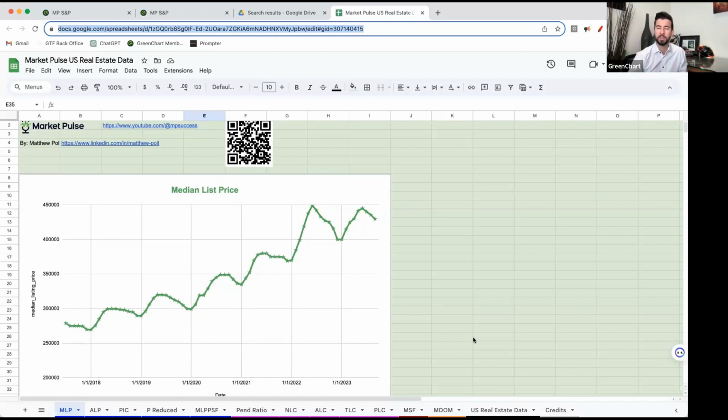Looking at this, it strikes me as shocking that the news isn't highlighting what just happened. If you look at this chart, guys, this is the median list price, the price all across the country, every home from 50,000 square feet to 500, including condos.